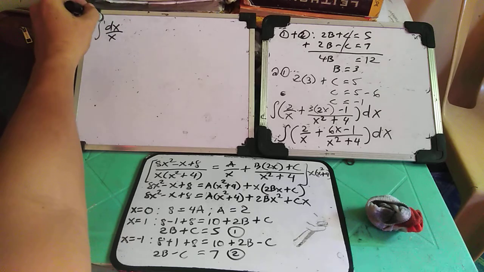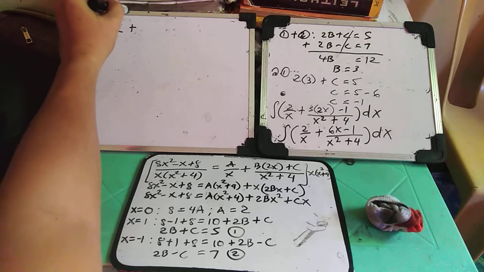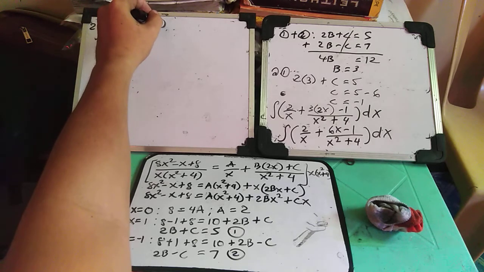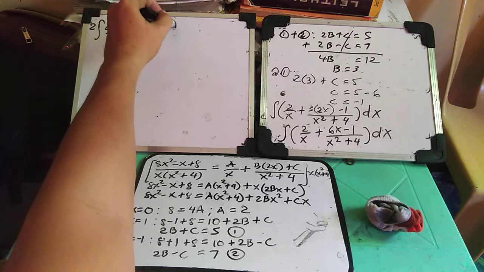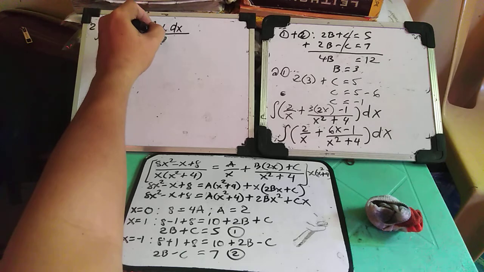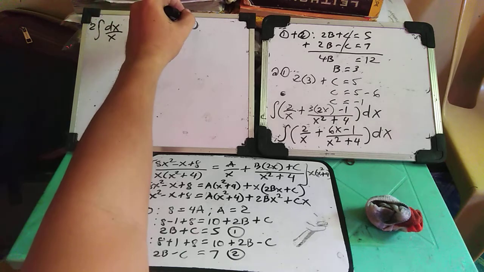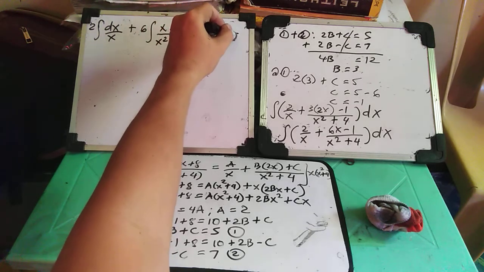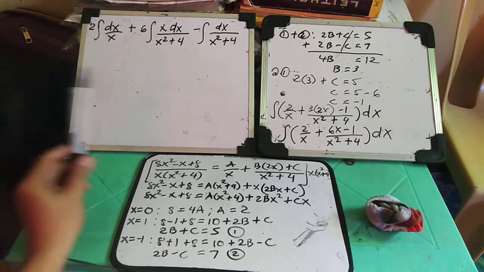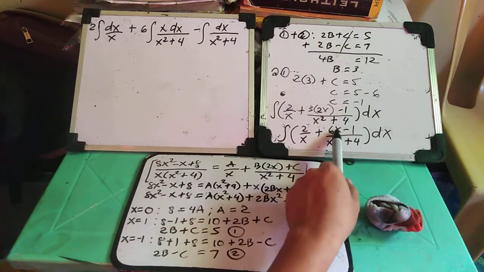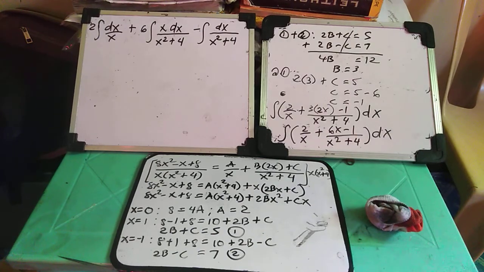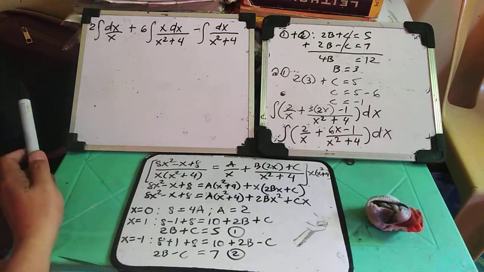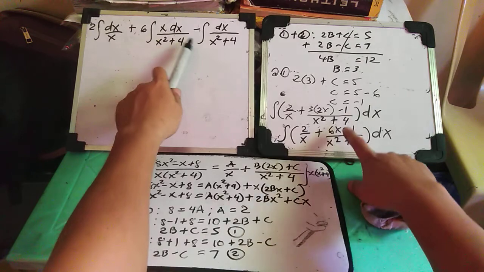So we can now write the given integrand in its partial fraction form, which is a over x. A is 2, so 2 over x, plus b, which is 3, so 3 times 2x, plus c, which is negative 1 or minus 1, then all over x squared plus 4 dx.